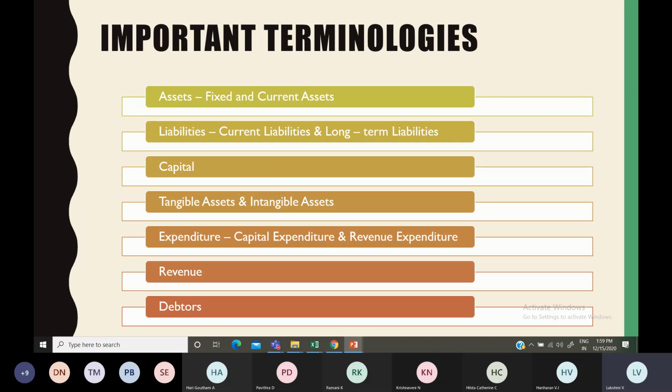Every now and then if you are going to incur some expenditure, or every now and then if you are going to earn some receipts, then those are known as revenue expenditure and revenue receipts. Okay, so all these terminologies we must know, what is meant by expenditure, what is meant by revenue.